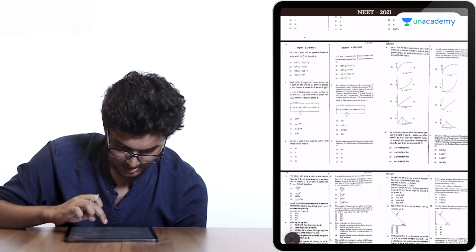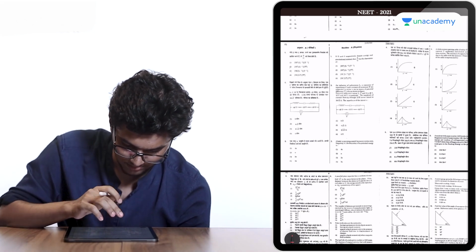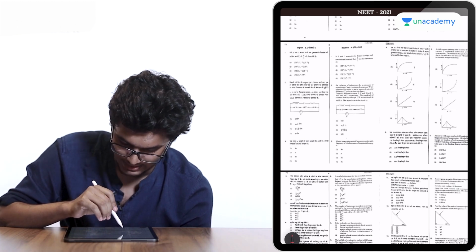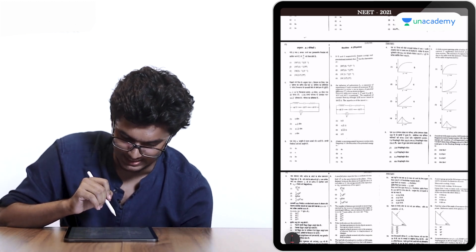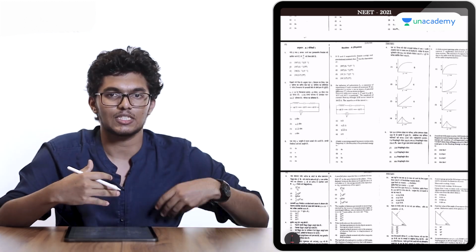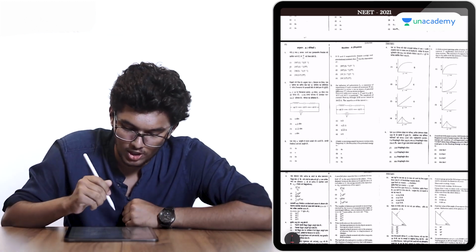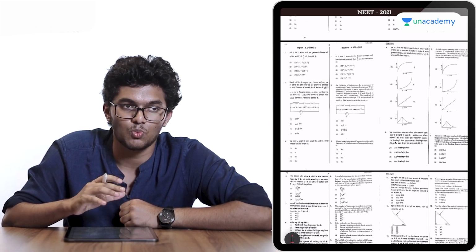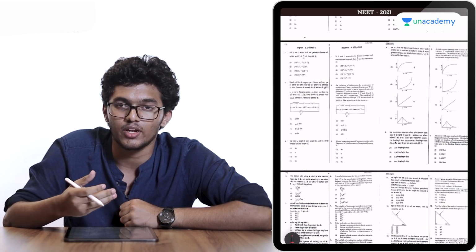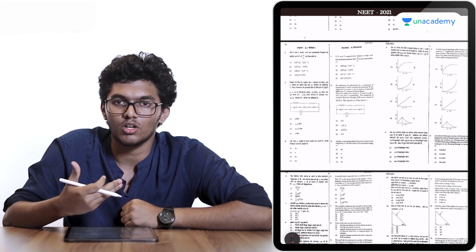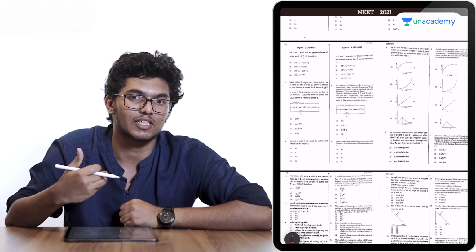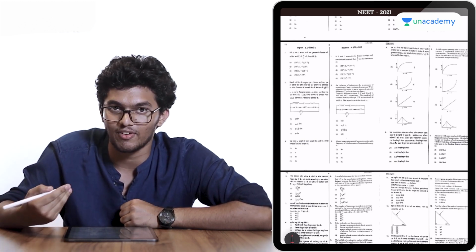Firstly, in physics, the third question: a body is executing simple harmonic motion with frequency n, the frequency of its potential energy is. Here, there is a very simple reasoning that you can use to solve this. In the expression for potential energy, which is 1 by 2 m omega square x square, you see that the displacement term has a square, which means it is not possible for it to take a negative value.